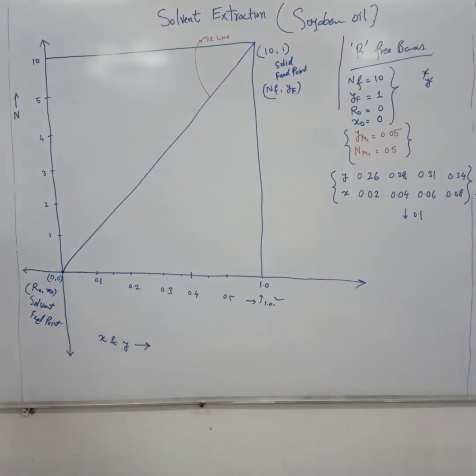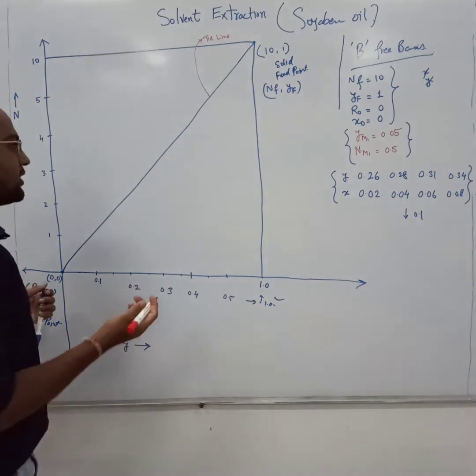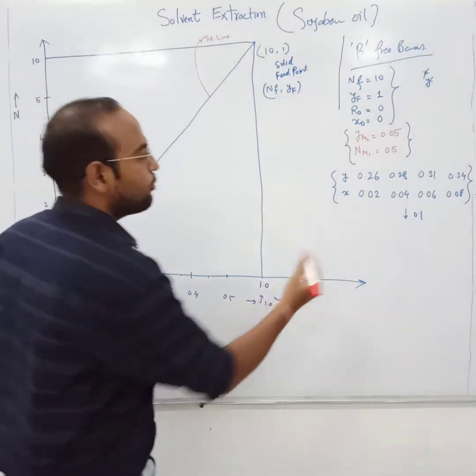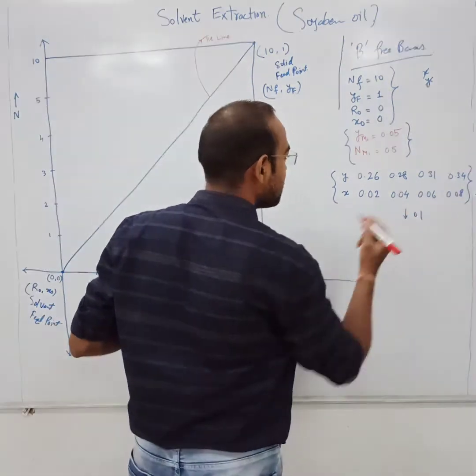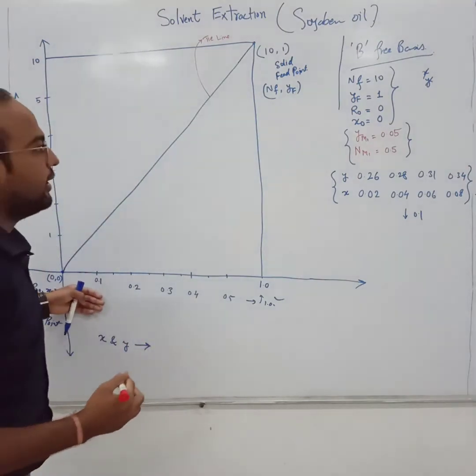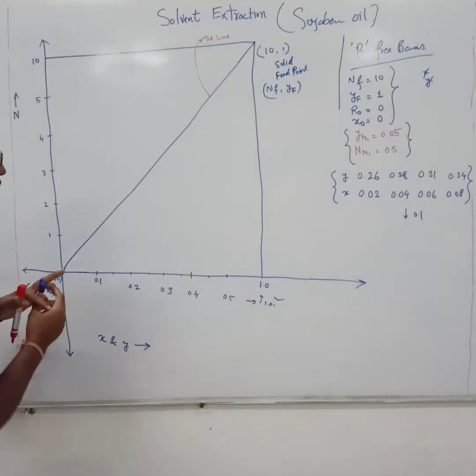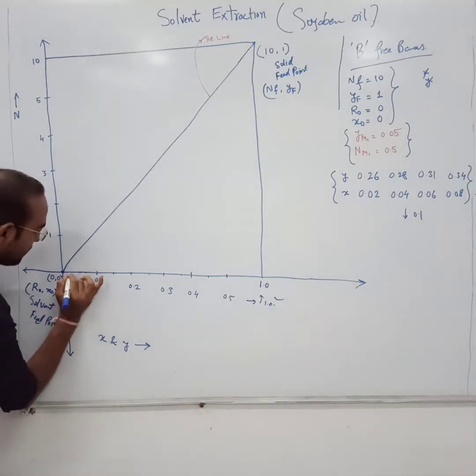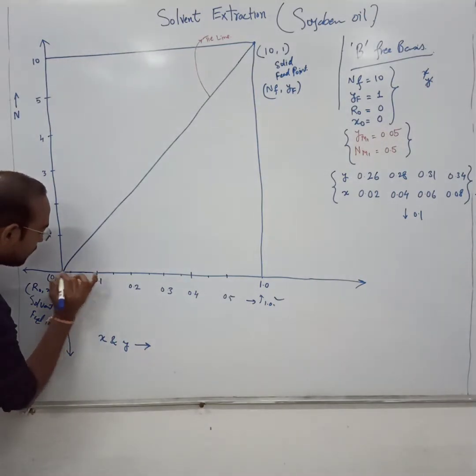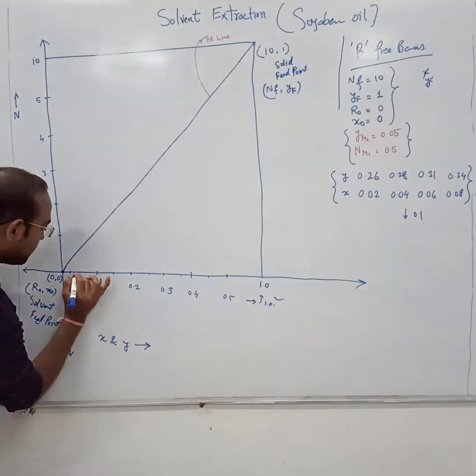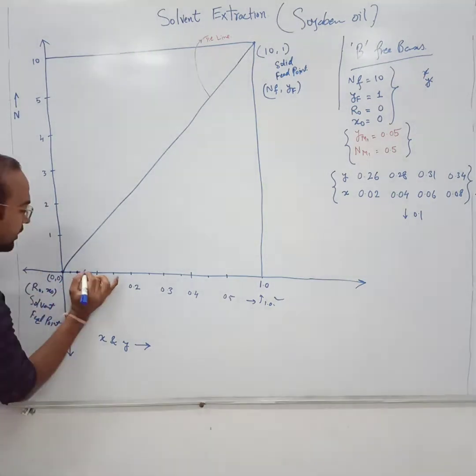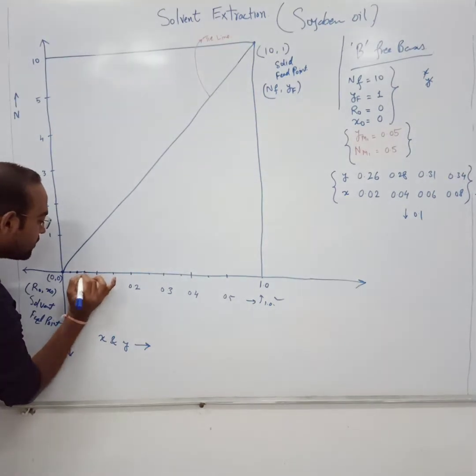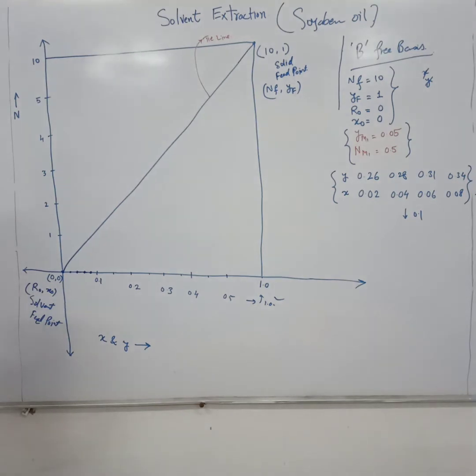Okay, now let's move on. We just need to plot the points now, that is 0.02, 0.04, 0.06 and 0.08 on the x-axis. So 0.02 becomes the first point like that. This is your first point, 0.02. This is your next point, 0.04. This is your next point, 0.06, and this is your last point of x, that is 0.08.